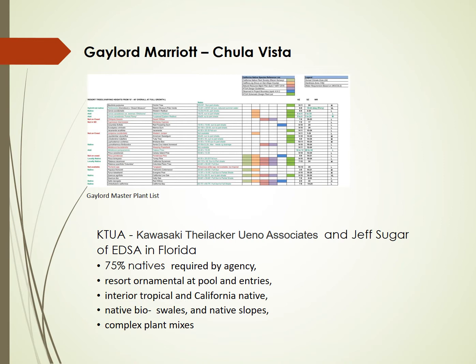The resort includes several distinct landscape types: an ornamental tropical landscape at its main entries and the extensive water park pool complex, a series of tropical, desert, and California-themed interior atrium gardens, as well as a perimeter native landscape with bioswales and slopes. The Coastal Commission, as a condition of approval, requires that the site uses 75% native plants, so these perimeter areas became important landscape zones.